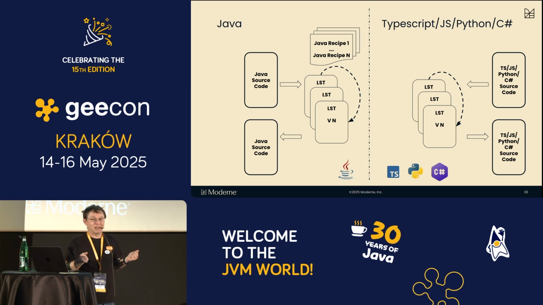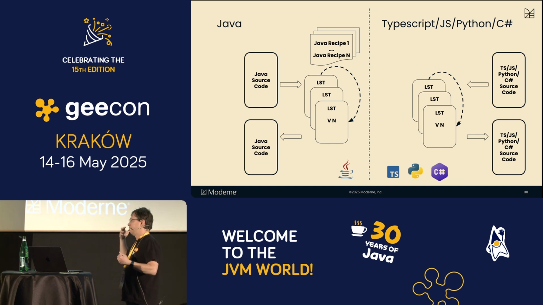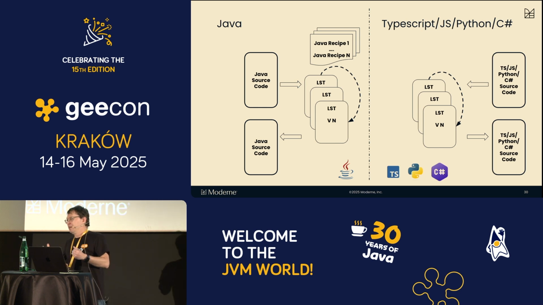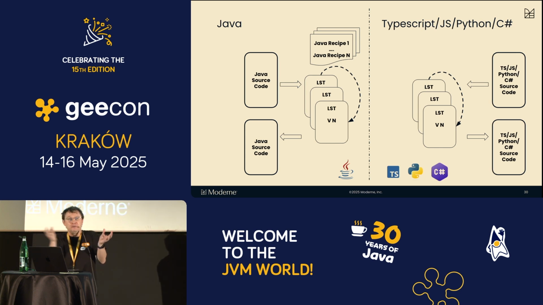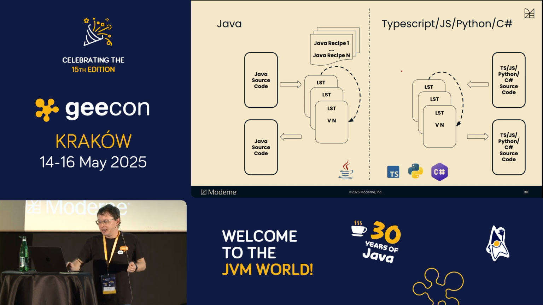And recipes may be the most useful treasure of OpenRewrite, because without recipes you will not be able to use OpenRewrite for other languages. For Java, recipes have a long history, and to have more than 3,000 recipes took, I think, 5, 6, or 7 years.